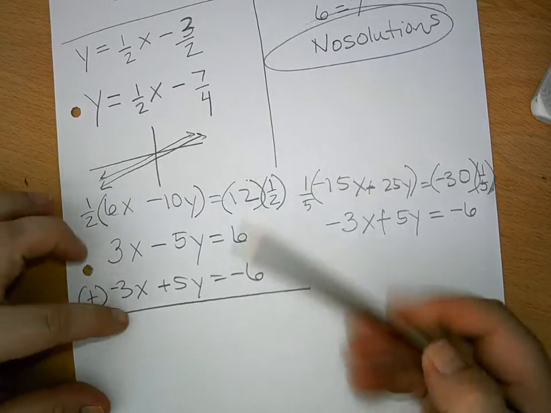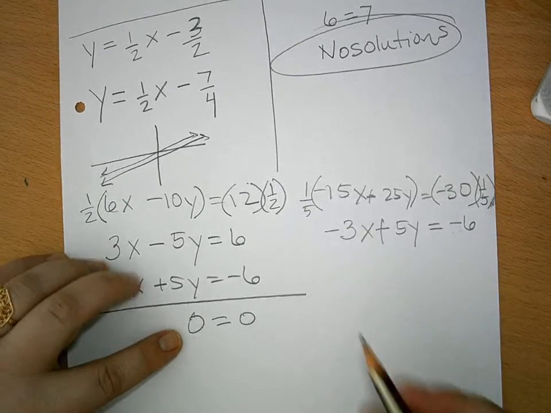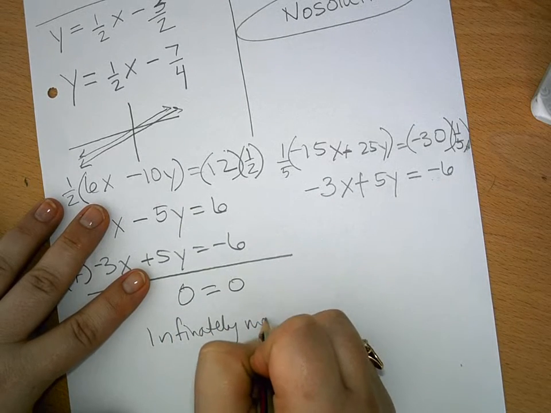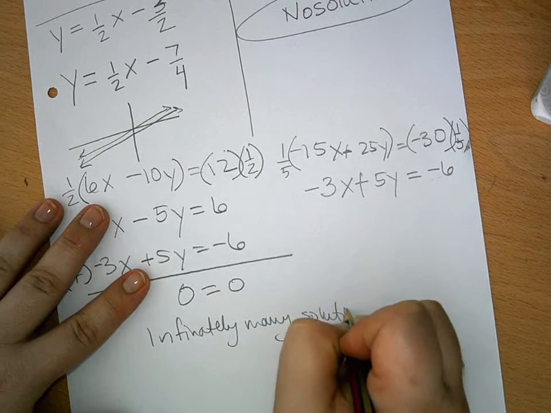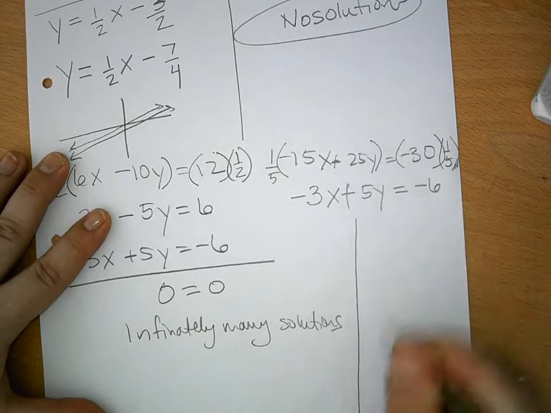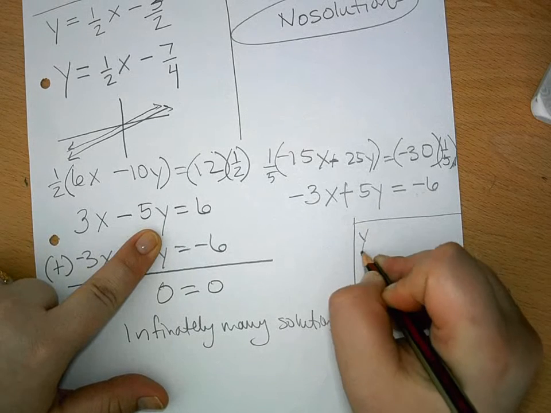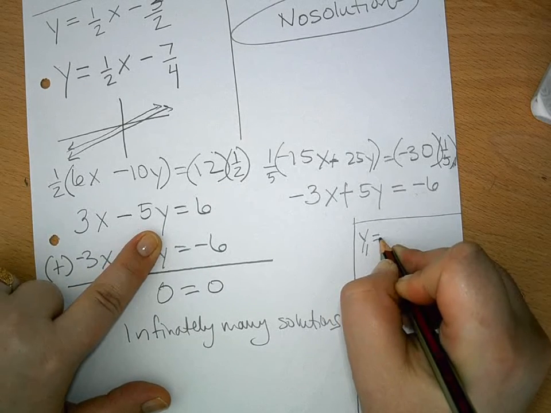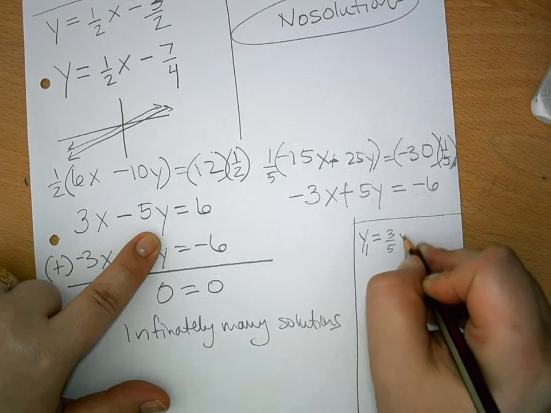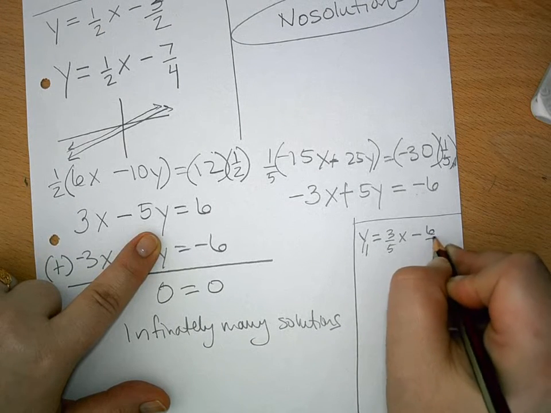Now everything cancels out and we get 0 equals 0, which is a true statement. 0 does equal 0. So this is going to give us infinitely many solutions. Now, if we were going to graph it, let's put these both into slope-intercept form. Solving for y here, we get that y1 equals 3/5 x minus 6/5.